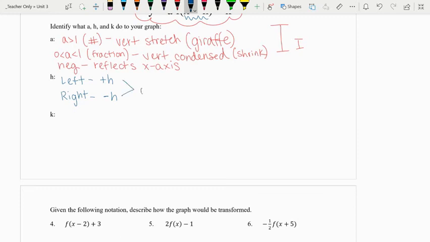Okay, so in other words, it's the opposite sign, and it's kind of like what we talked about with point slope form, right? Anything with point slope form inside those parentheses, we always took the opposite value. Haha, see, I told you we would have to do that at some point, right? So you're always taking the opposite when it's inside the parentheses.